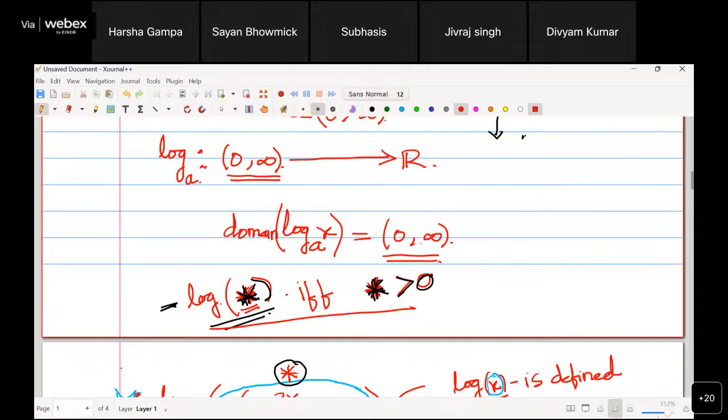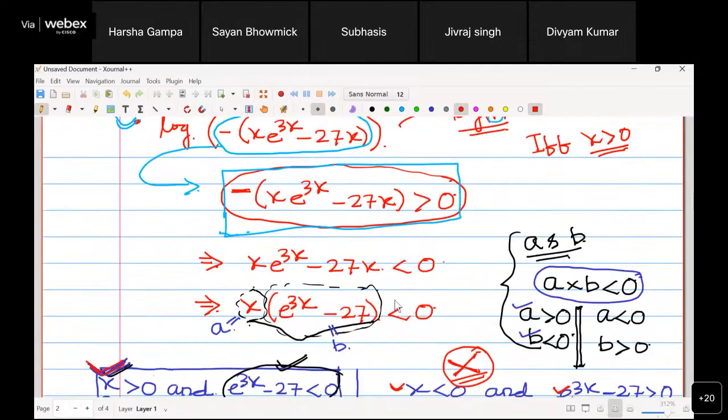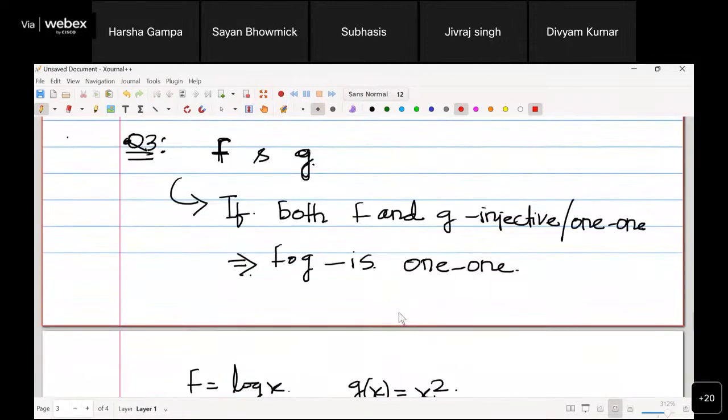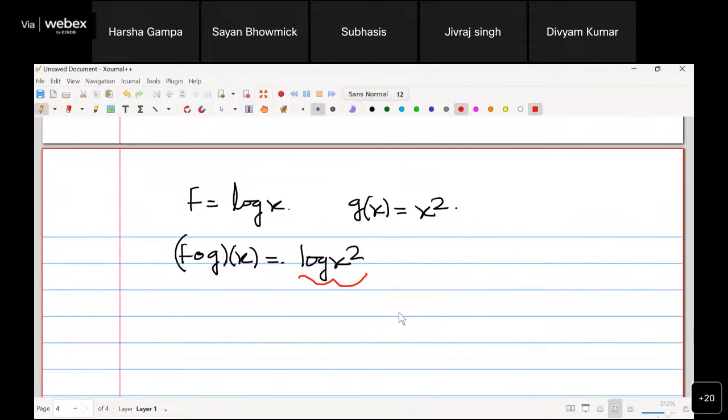This log of star is defined if and only if this star is greater than 0, right? So what is the star here? X square. It has to be greater than 0. This function is defined if and only if x square is greater than 0, right?